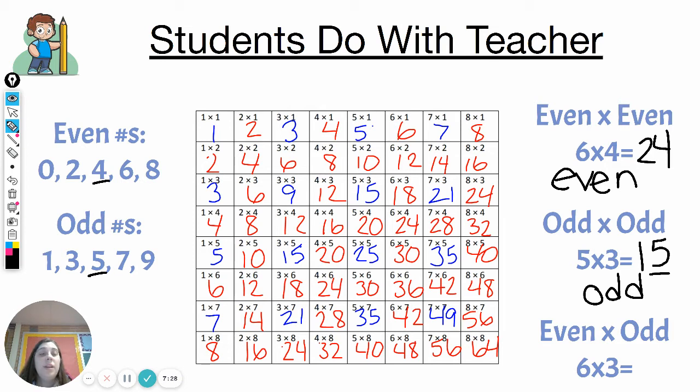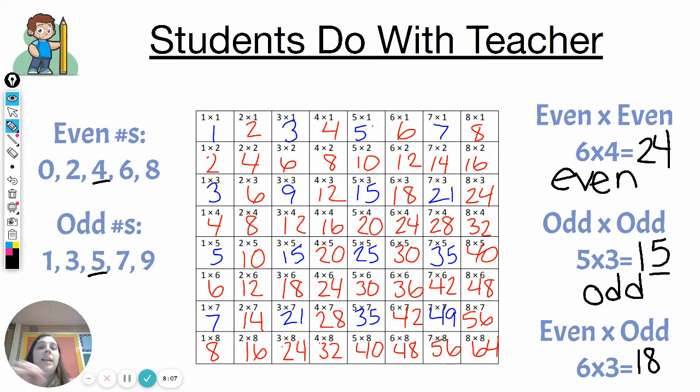Last example, an even number times an odd number. So I have the example 6 times 3. Go ahead and find the answer to 6 times 3. 6 times 3 is 18.